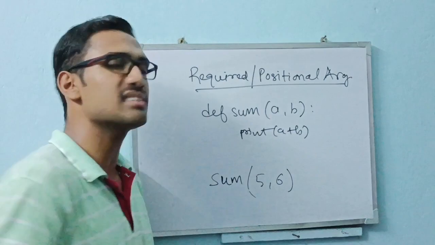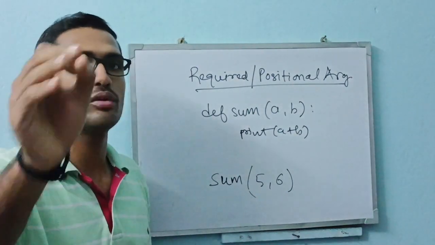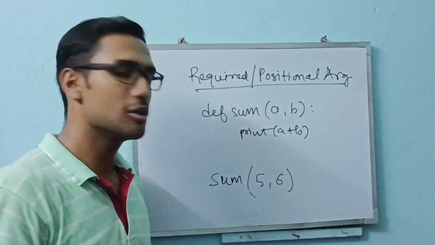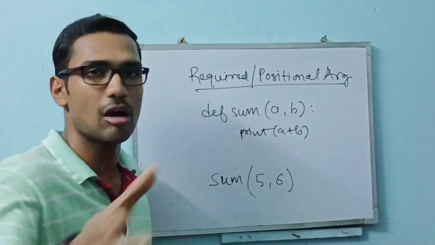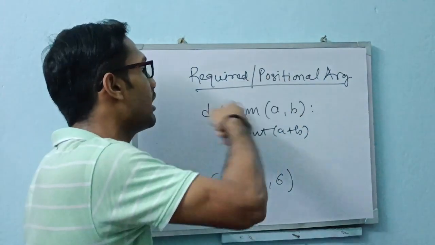See how many parameters there are: 2 parameters. That is the required condition. You need to pass all the arguments, and the number of arguments equals the number of parameters defined in the function header.